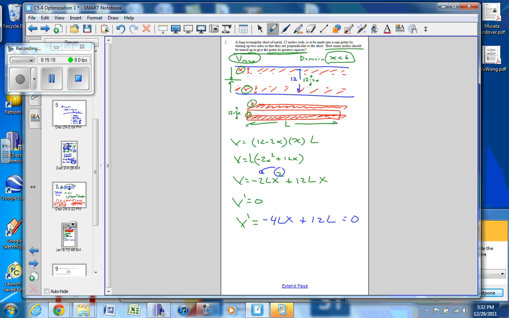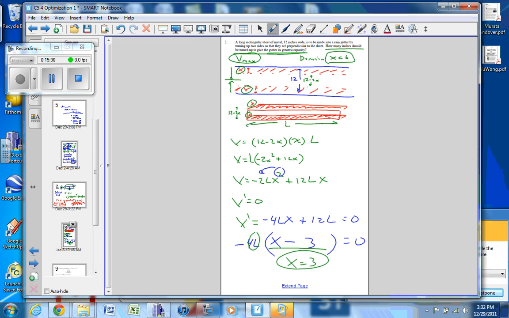We factor out negative 4L, and then inside we get x minus 3 equals 0. Well, this turns out to be a nice, easy problem. L is just a constant, so when does this equal 0? It equals 0 when x equals 3.